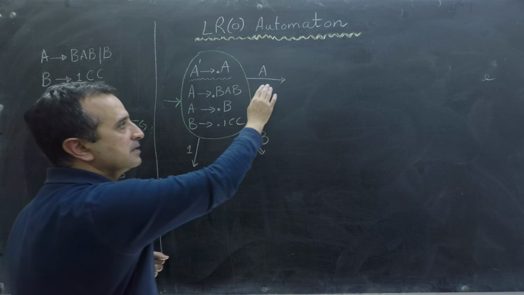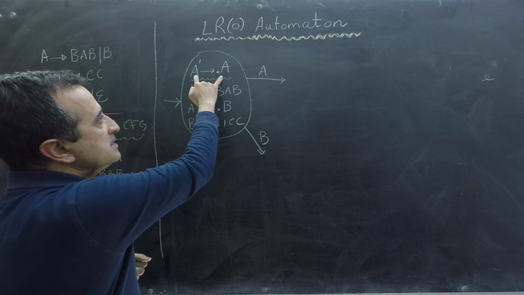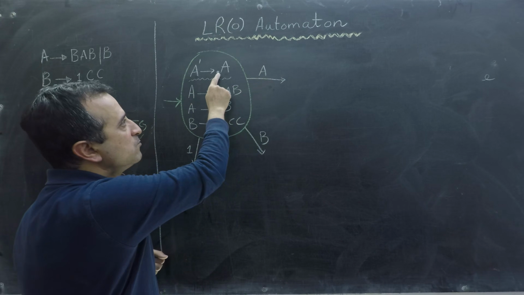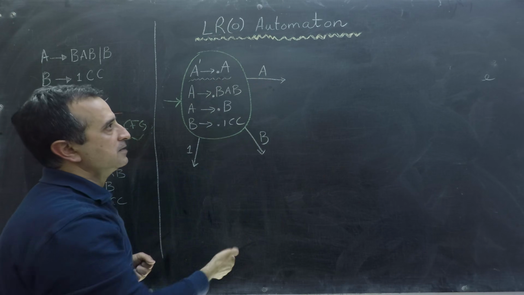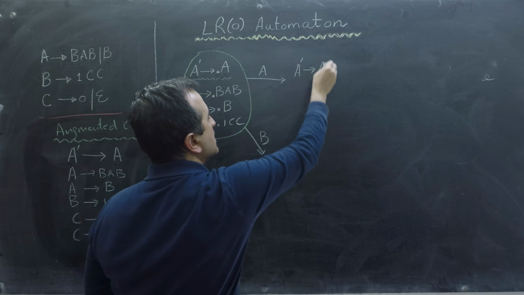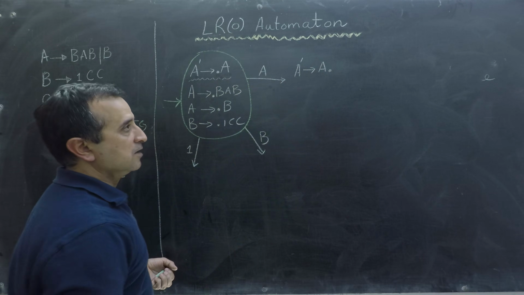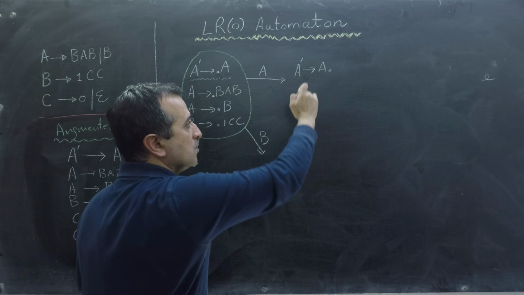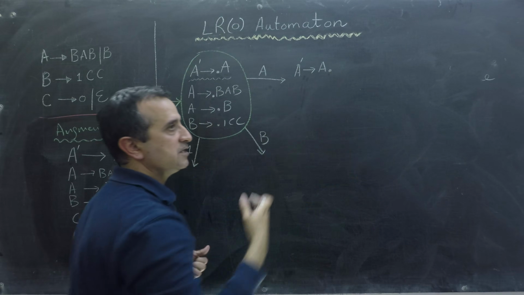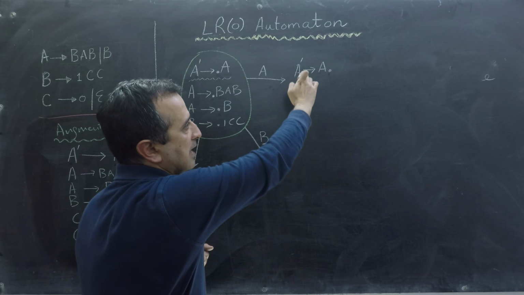Now in this state, I have to add this item, but as we have seen A, this dot will move to the right side of A. So I will have the production A goes to A dot. This dot has moved to the right hand side. Now I have to apply the closure rule to add more productions, but as the dot is at the end and there is no non-terminal after the dot, I can't add any more items here.